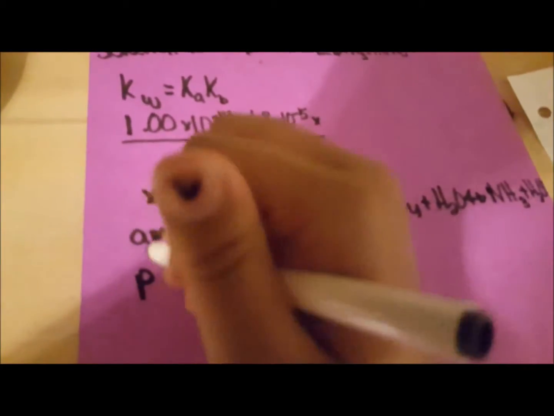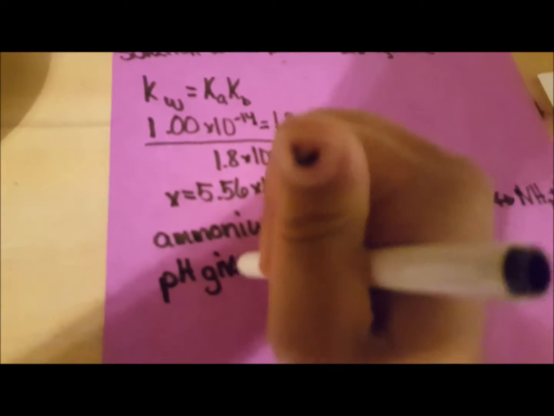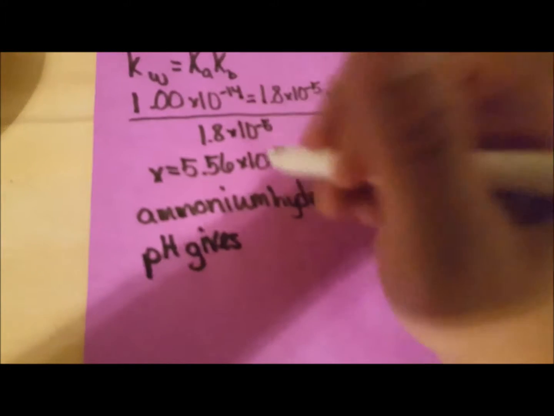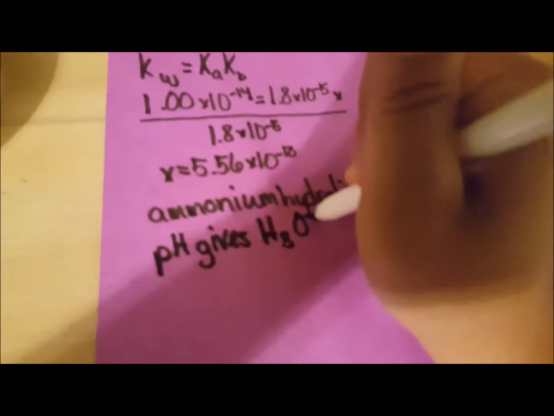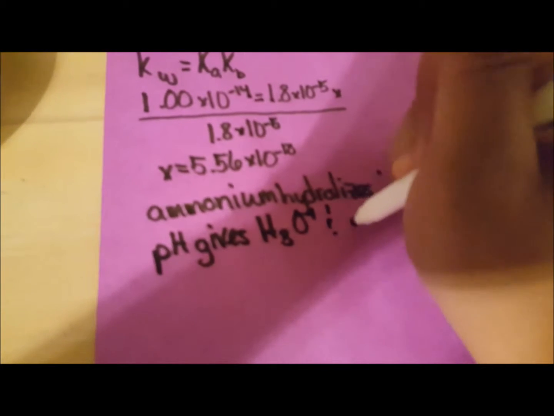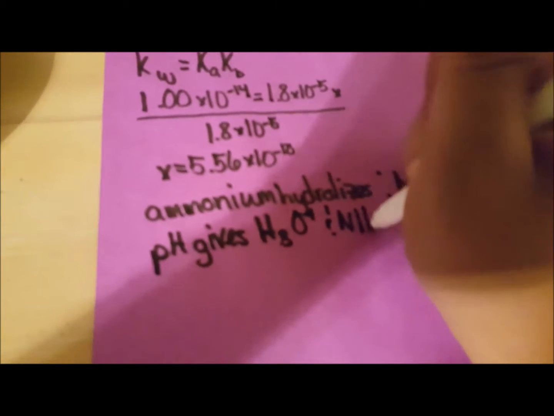We know that the pH gives H3O plus and NH3.